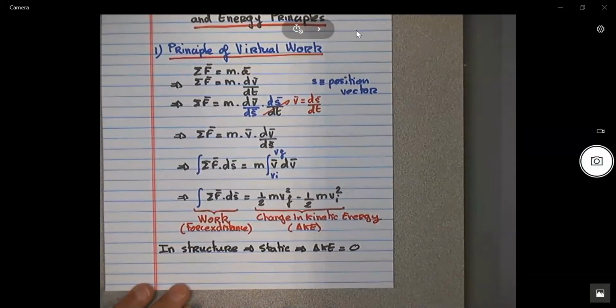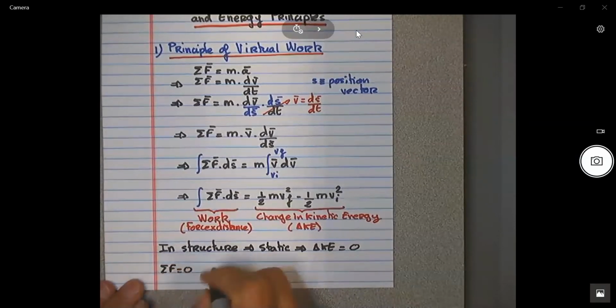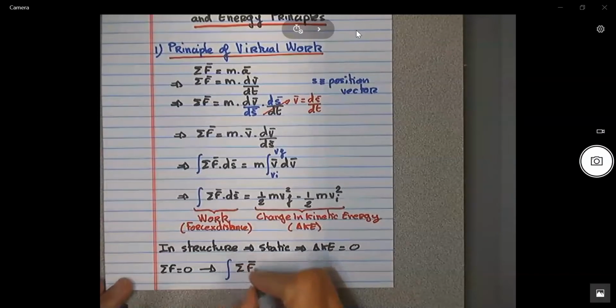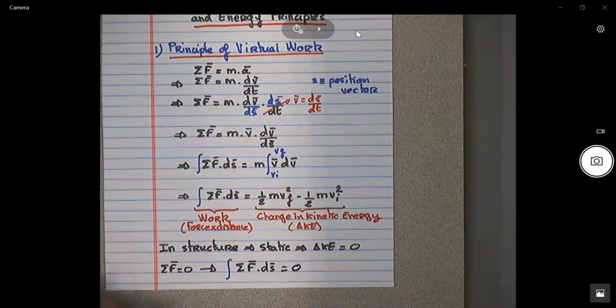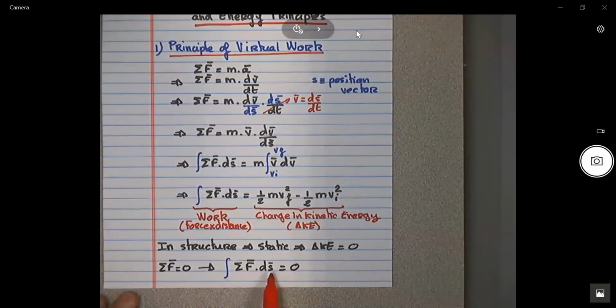Okay? So at the end, we have one equation that is equivalent to summation of forces equal to 0. Our equivalent equation here will be summation of forces ds equal to 0, no? Basically, we can say this equation is the same as this one, we just rewrote it differently. Okay? All right?